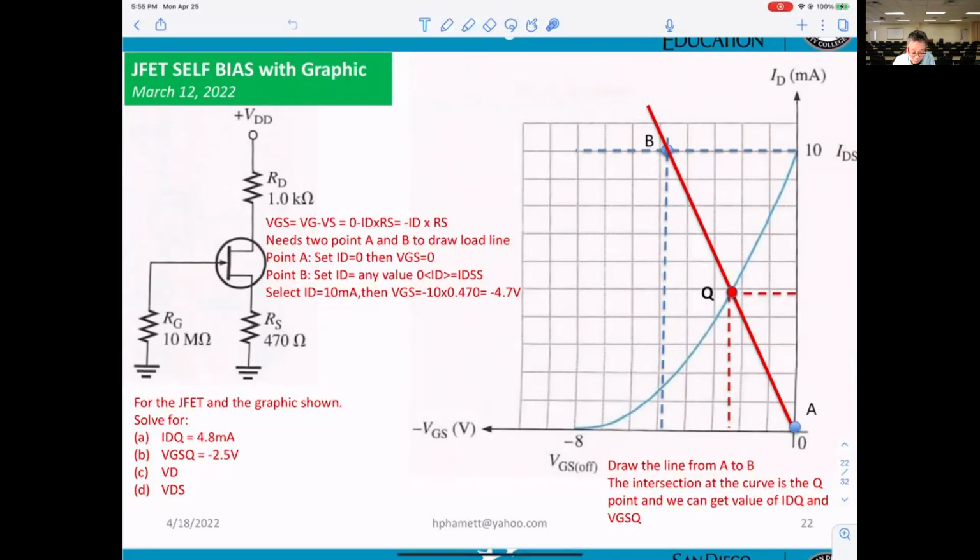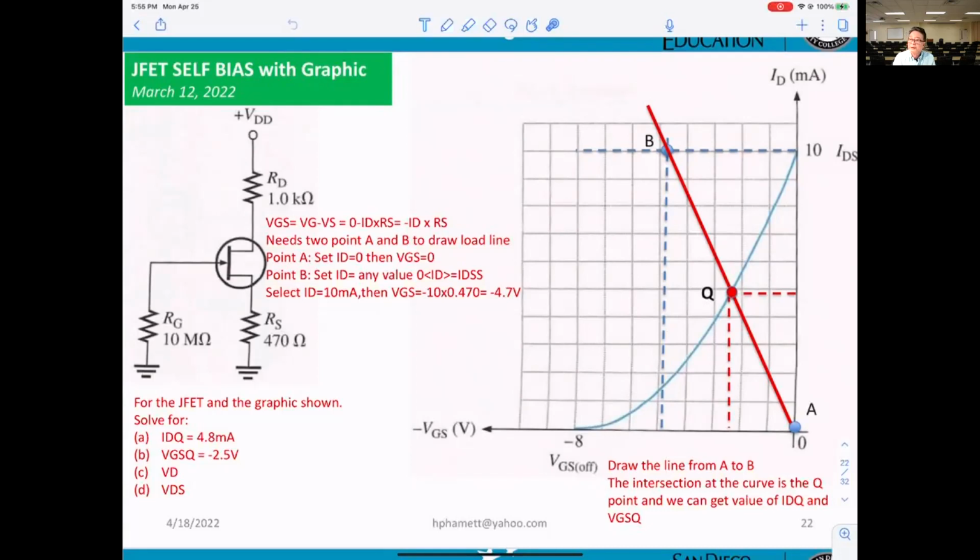And also VGSQ, you go down here, will be minus 2.5 volt. That's the easy way to show it for the fixed bias.